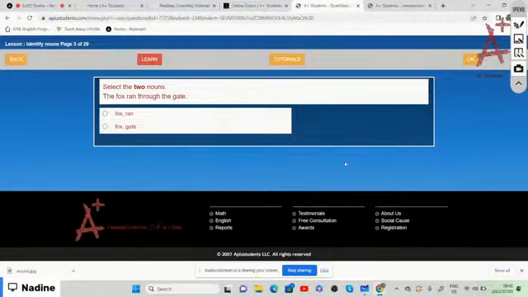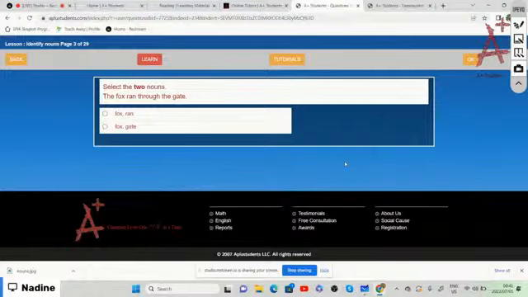The fox ran through the gate. We need to select two nouns. The fox ran through the gate. Is it fox and ran or fox and gate? We need to choose the two words. We need to select the two words that are nouns.